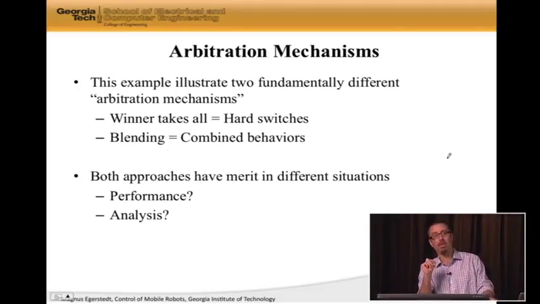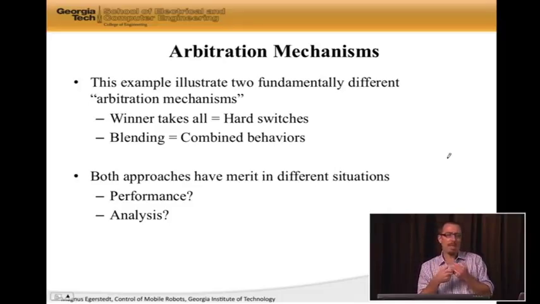The nice thing about the winner-takes-all approach is that if go to goal is only going to goal, then I can analyze that. If obstacle avoidance is only avoiding obstacles, then I can analyze that, which means that from an analysis point of view, it's easier to deal with hard switches. However, it's not necessarily the case that from a performance point of view, hard switches are to be preferred.